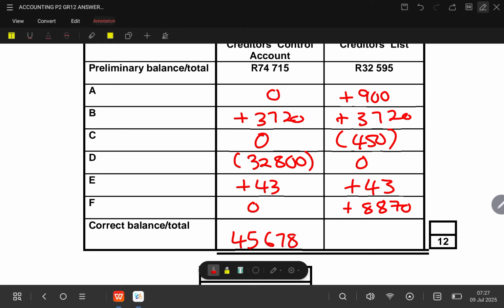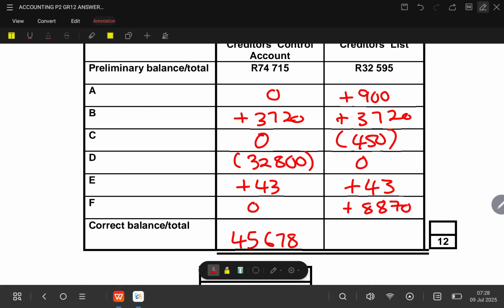So if we say 32,595, and then we say plus 900, and then we say plus 3,720, and then we also say minus 450, and then we say plus 43, and then we also say plus 8,870.